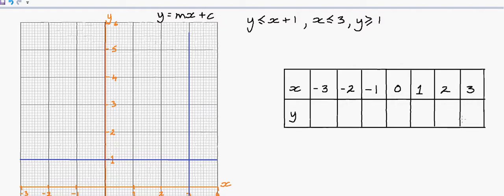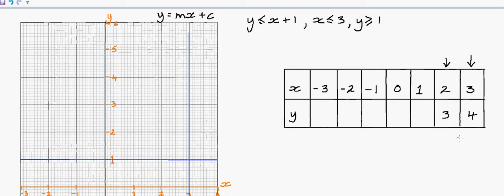Okay, so always start with your biggest value of x where it's positive, and remember we only need to do these two. So if I start here, x is 3, so y will equal 3 plus 1, which is 4. Now if I go to where x is 2, y equals 2 plus 1, which is 3.